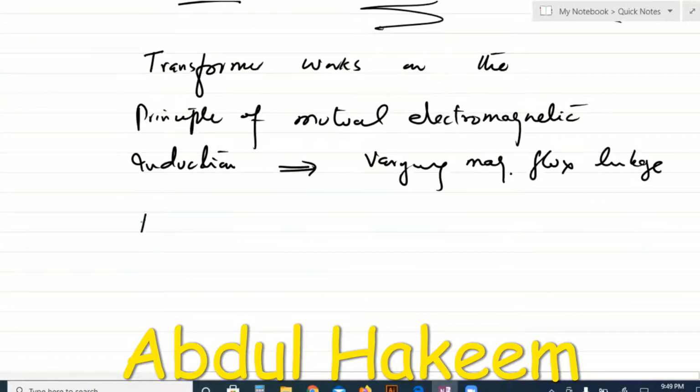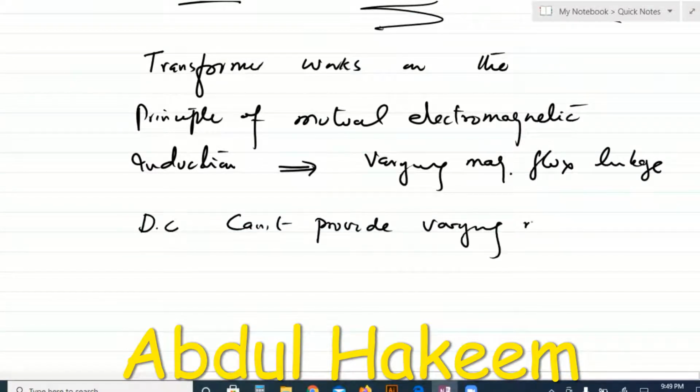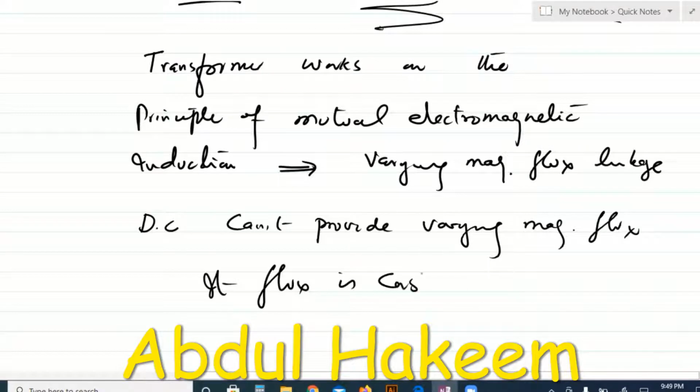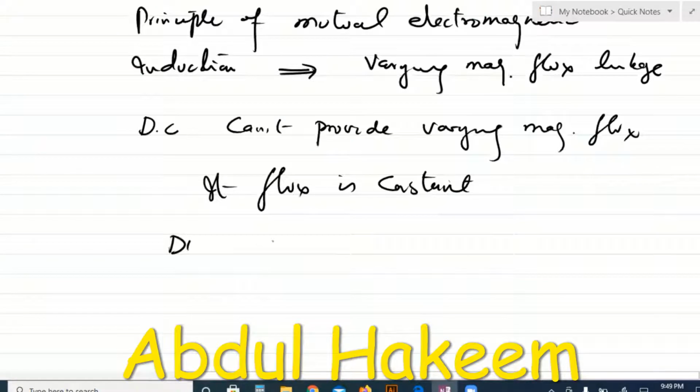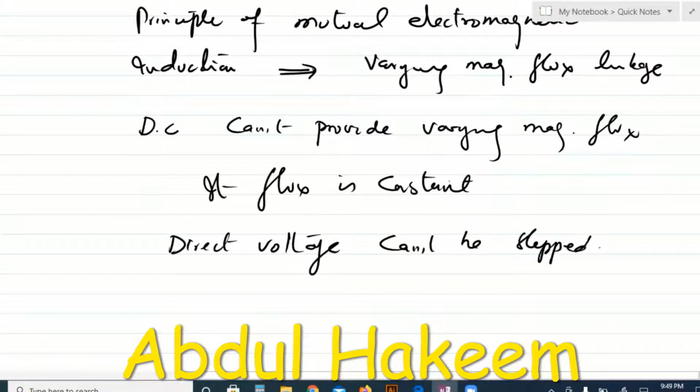But the direct current cannot provide varying magnetic flux. Its flux is constant. So direct voltage cannot be stepped up or down.